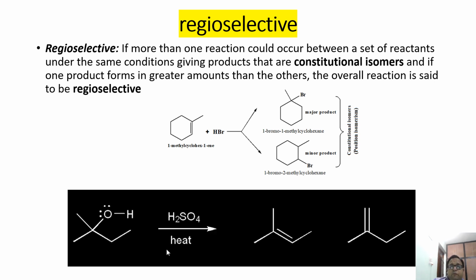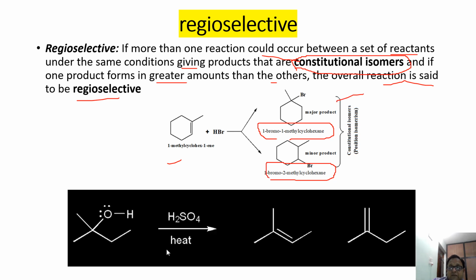Regioselective, if more than one reaction could occur between a set of reactants under the same condition, giving products that are constitutional isomers. Please remind what word I am using. They are constitutional isomers. And if one product is in greater amount than another, then the overall reaction is called regioselective. Here you can see in this reaction, this product is having one bromo, one methyl cyclohexane, and one bromo, 2-methyl cyclohexane.